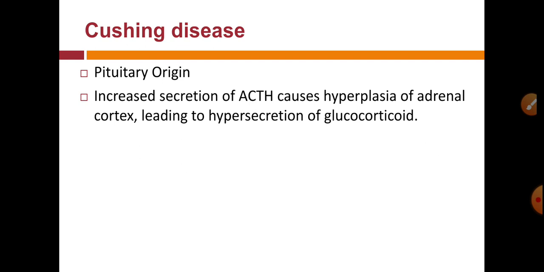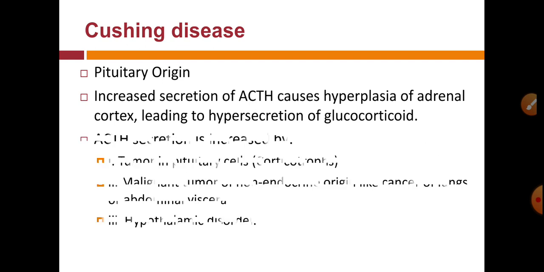And hyperplasia of the adrenal cortex leads to hypersecretion of cortisol, that means hypersecretion of glucocorticoids. So here the cause is present in the pituitary gland, but it affects the secretion of cortisol or glucocorticoids.